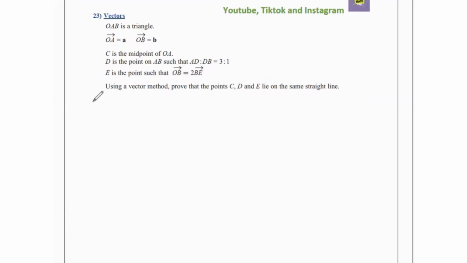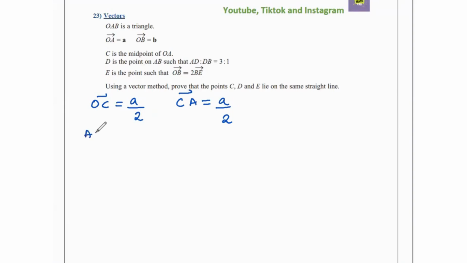So if C is the midpoint of OA, which means OC is going to be A over 2, and CA is also going to be A over 2. D is the point on AB such that AD is to DB is 3:1.